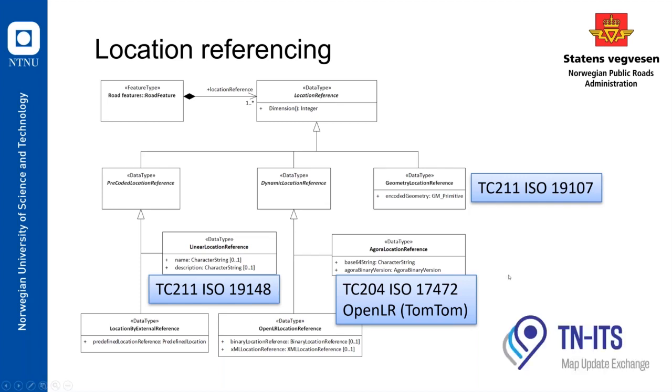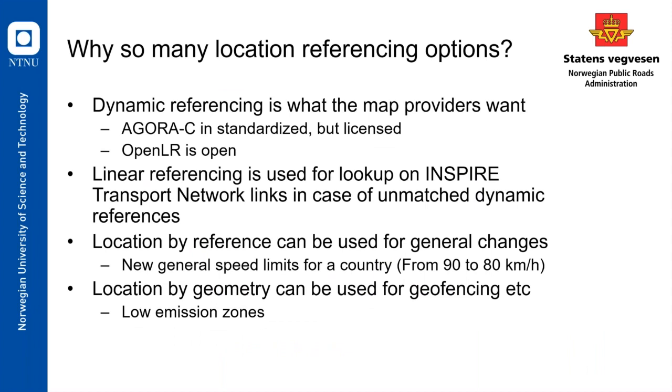Furthermore, we added linear referencing because that can be used to look up INSPIRE Transport Networks links in case of unmatched dynamic references.